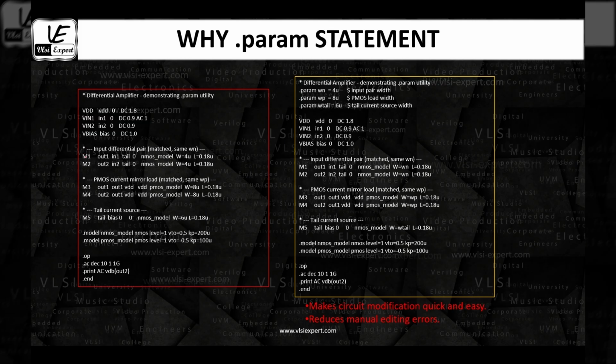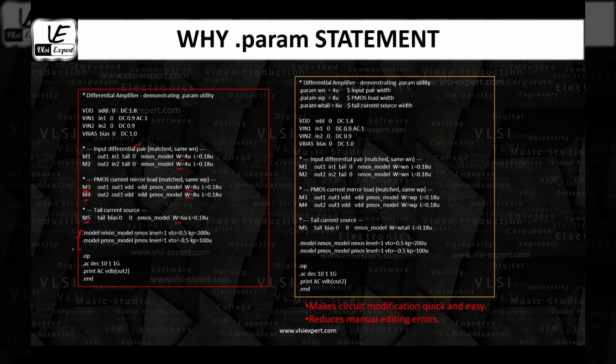There are two transistors M1 and M2 forming the differential pair, with widths of 4 micron each. Then there is a current mirror load with transistors M3 and M4, with widths of 8 micron each. Then there is a tail current source with transistor M5, whose width is 6 micron, followed by the .model statements.